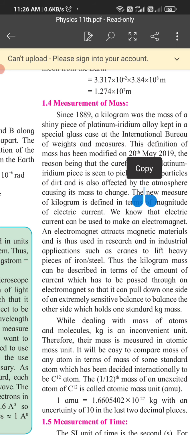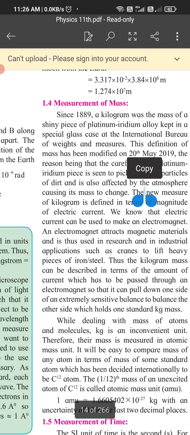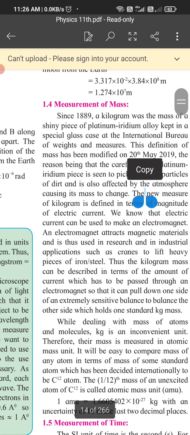While dealing with the mass of atoms or molecules, kg is an inconvenient unit. Therefore, the mass is measured in atomic mass unit, and it is easy to compare the mass of any atom in terms of the mass of some standard atom.